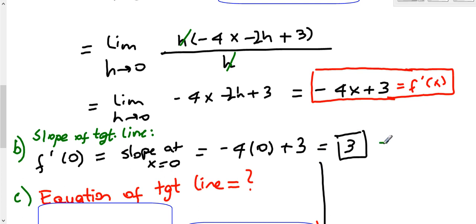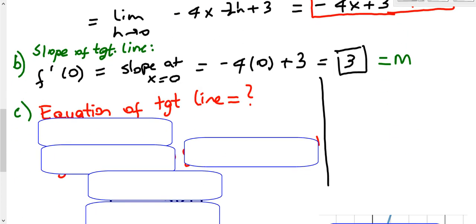And now to find the equation of the tangent line, remember that was part C. I need to know, so I have an x coordinate. I need to know the y coordinate. And I already have the slope, right? To get the y coordinate, remember, you need to plug in the x value into the function, right?